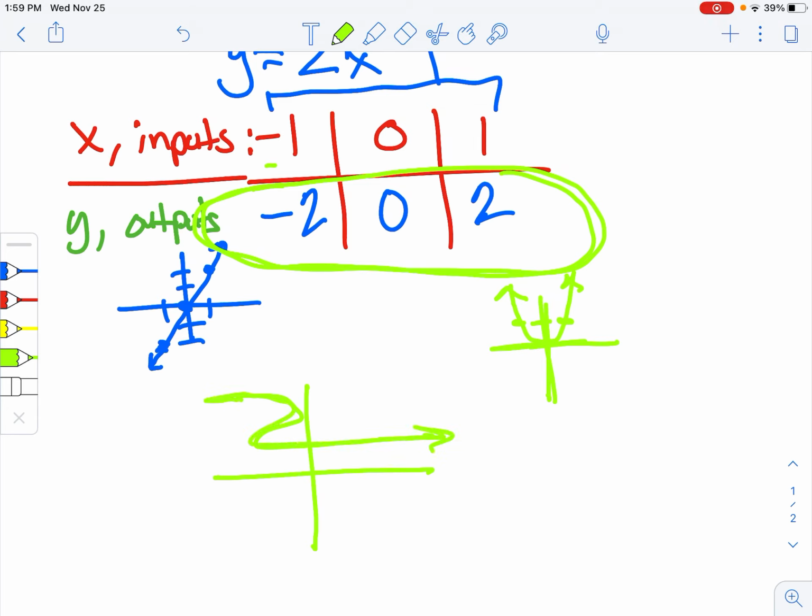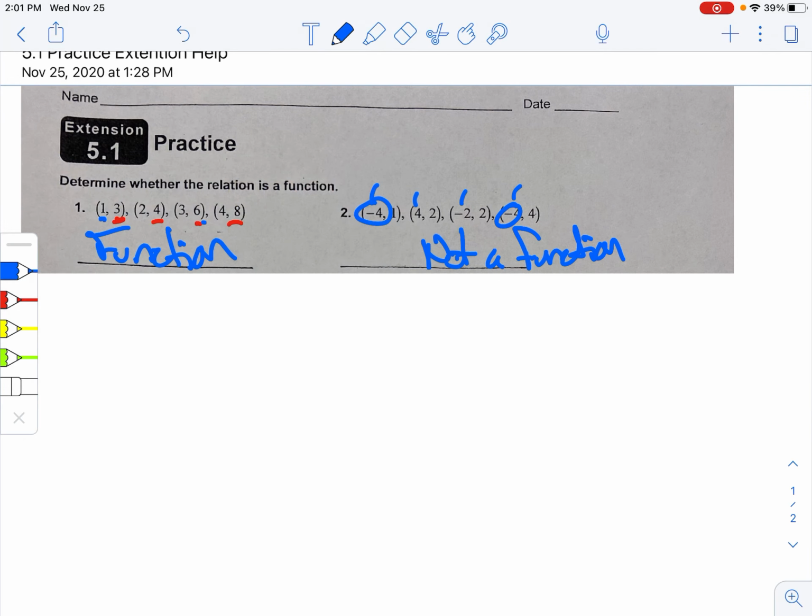If we had this on a graph, -4, 1, 2, 3, 4, 1, 4, 2, negative 2, 2, and negative 4, we would have a problem because these 2 points are right on top of each other. We cannot have that.